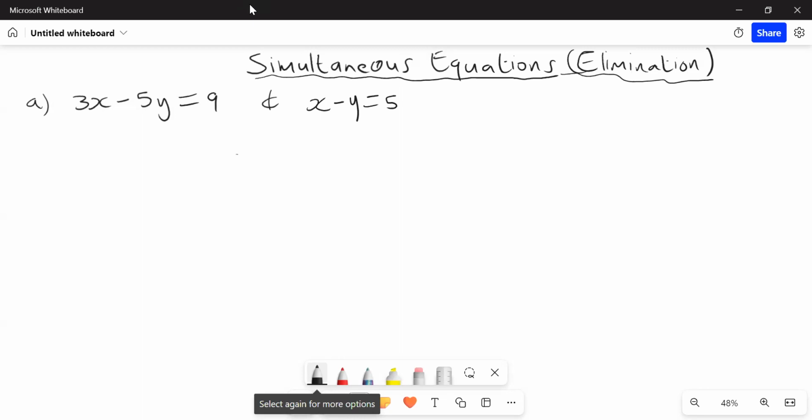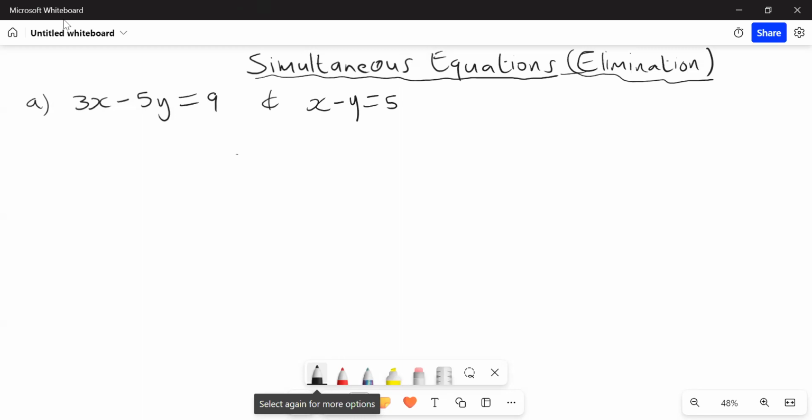Elimination method is about eliminating one variable, either x or y. Substitution is about making one variable the subject of the formula. But we'll dive deeper as we get down to it, right? So for now, let's just focus on the elimination method.